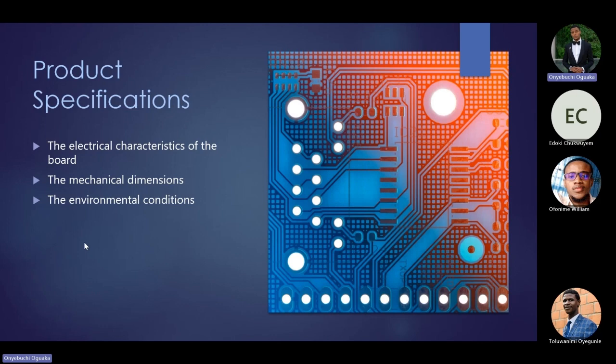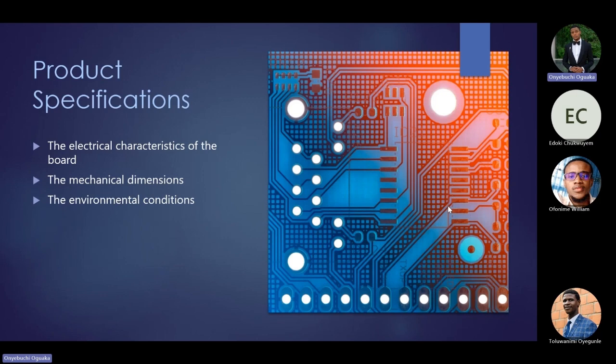Now, explaining these one after the other, the electrical characteristics refer to the properties and parameters that relate to the electrical performance of the board. This includes the impedance of the board. We all know what impedance is; in this aspect, it is the resistance of our PCB to AC flow.